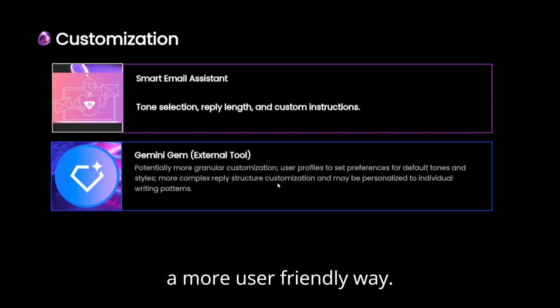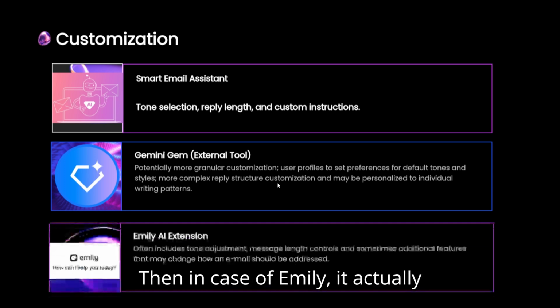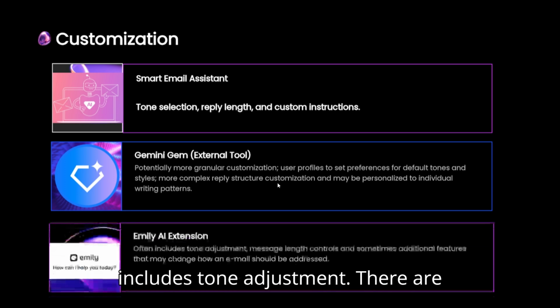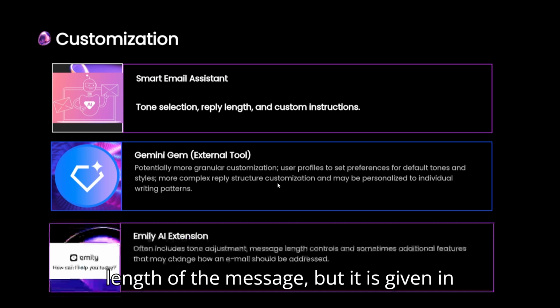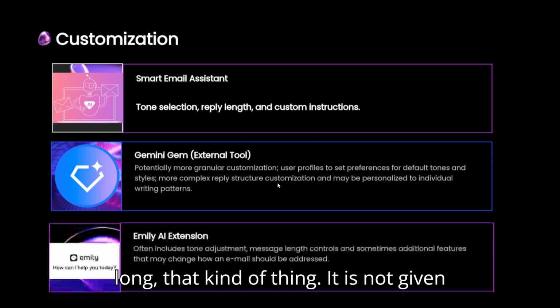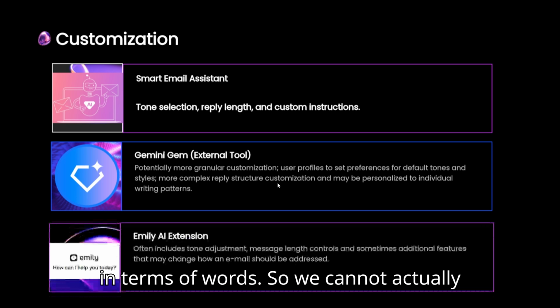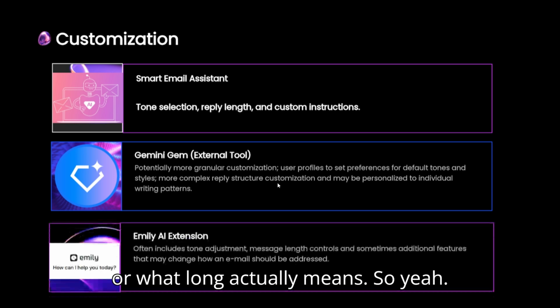That is actually a more user friendly way. Then in case of Emily, it includes tone adjustment. There are buttons for that, and you can control the length of the message, but it is given in the form of short, medium, long, that kind of thing. It is not given in terms of words, so we cannot actually know what short means, what medium means, or what long actually means. So yeah.